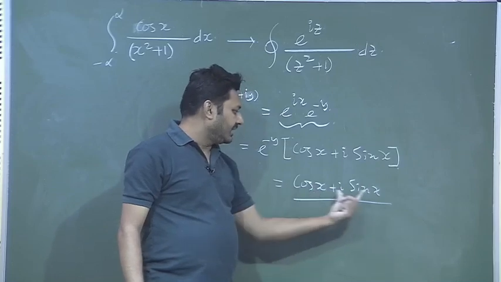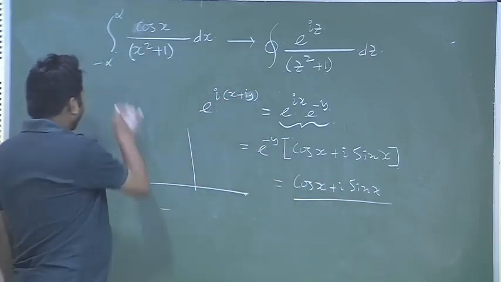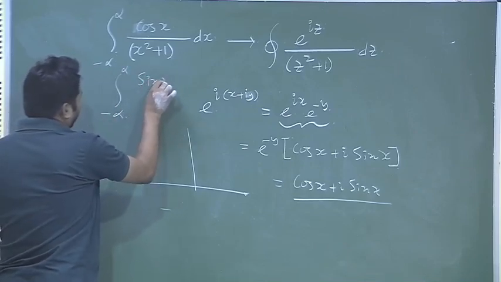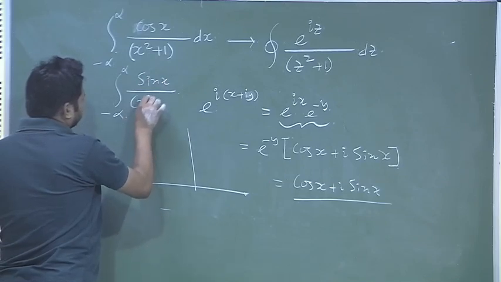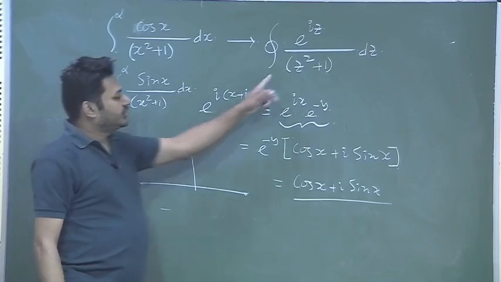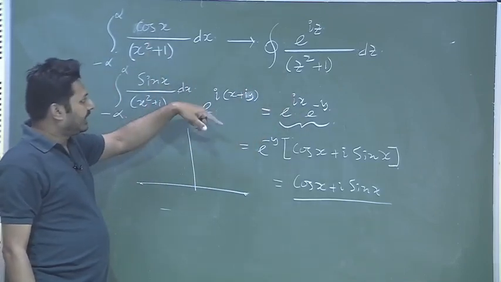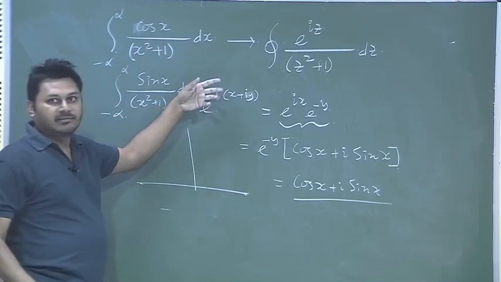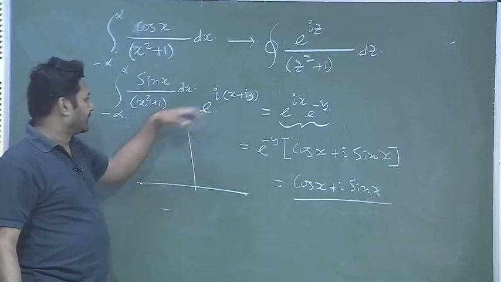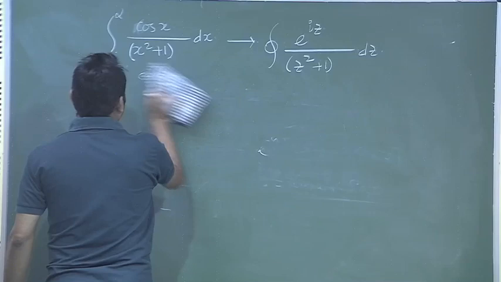Once we have both together, then I can evaluate this quantity as well as this quantity. This is the general way to proceed whenever you find cos x or sin x: do the integration, find out whether the value is real or complex, and then convert accordingly. Let me do the problem, then things will be clear to you.